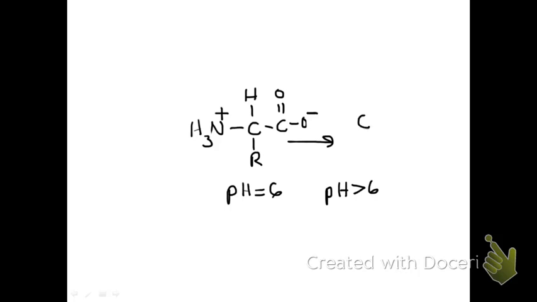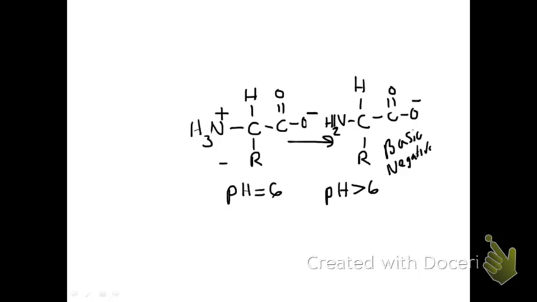So carbon, there's your alpha. There's the carbon I'm looking for. My carboxylic acid group is negative, and my amine group there still has the 2 hydrogens, and then there's the R group. So this amino acid is now becoming more basic above the isoelectric point, and more negative.